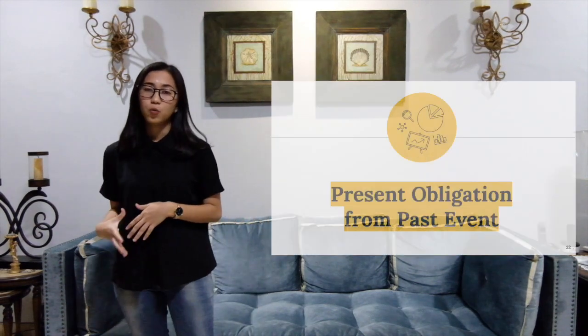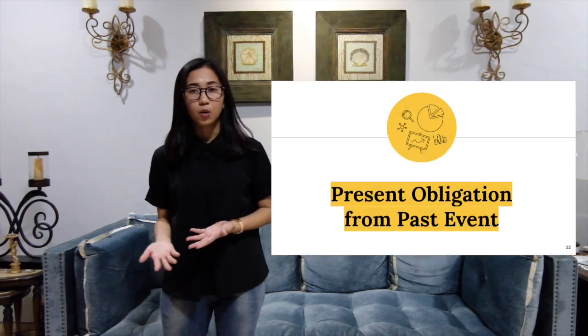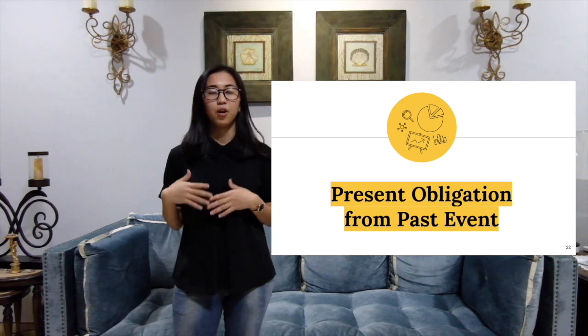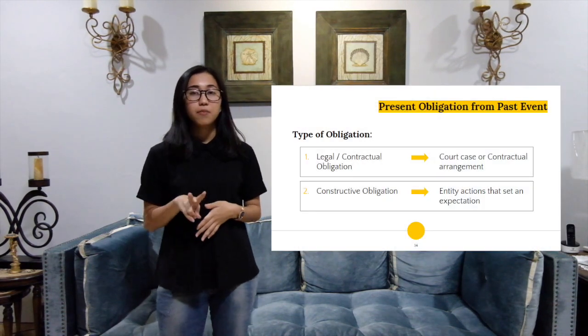The first criteria is present obligation from a past event. From this rule, we have to identify 2 important parts. The first one is type of obligation and the second one is the requirement for it to come from a past event. There are 2 types of obligation.